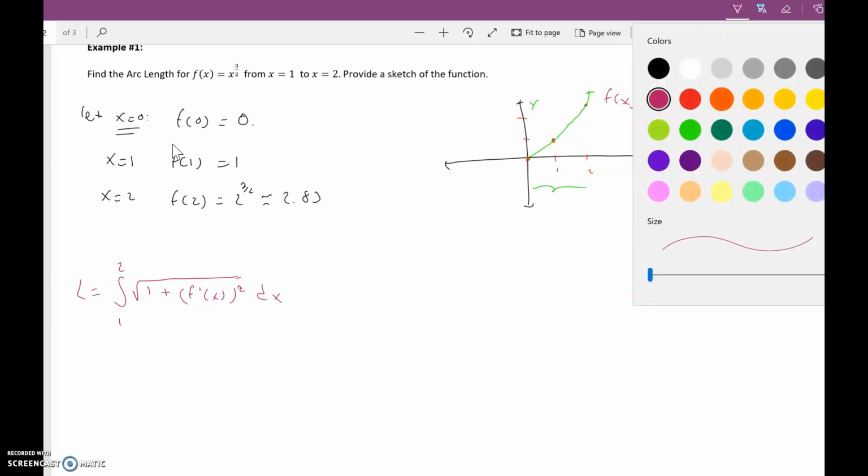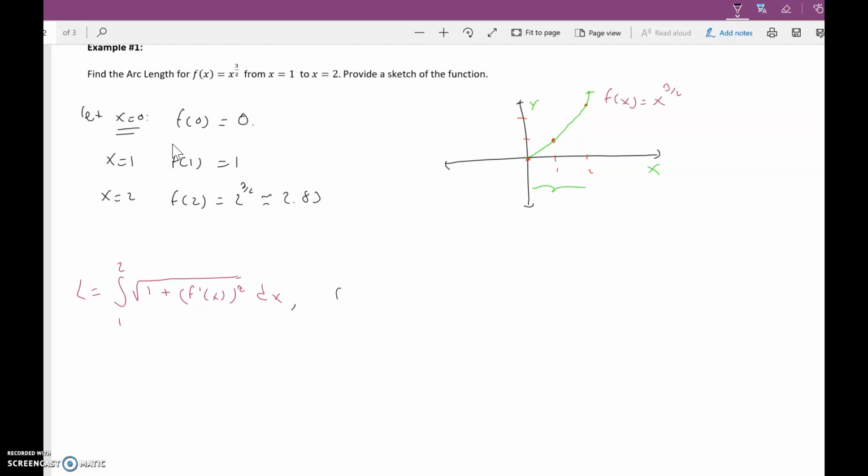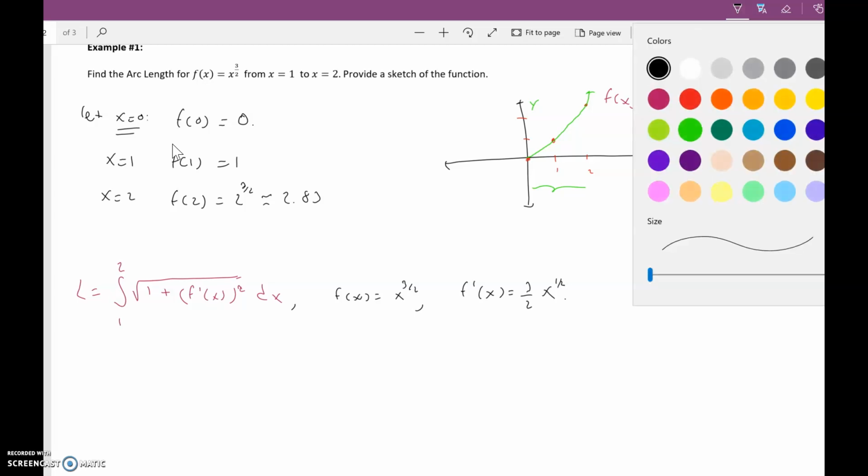Okay, so let me evaluate the derivative. f of x is equal to x to the 3 halves, so f prime of x is going to be equal to 3 halves x to the 1 half. And let me just box these in.